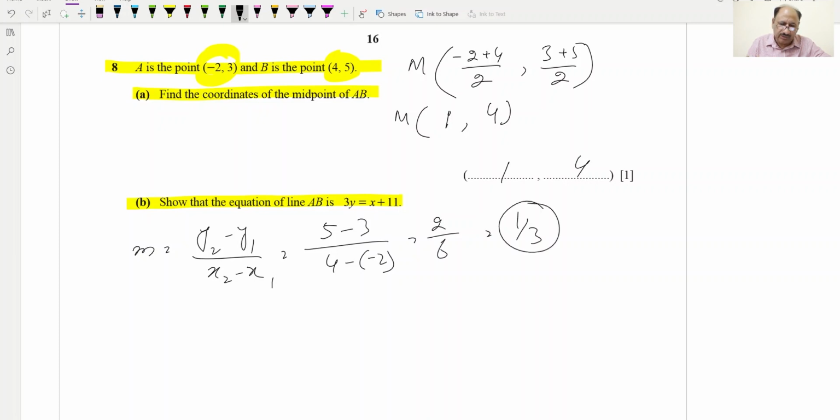So we got the gradient, and we'll be using any of these 2 points, and I am using the first point, so we can write y minus, this equation of line in point slope form.